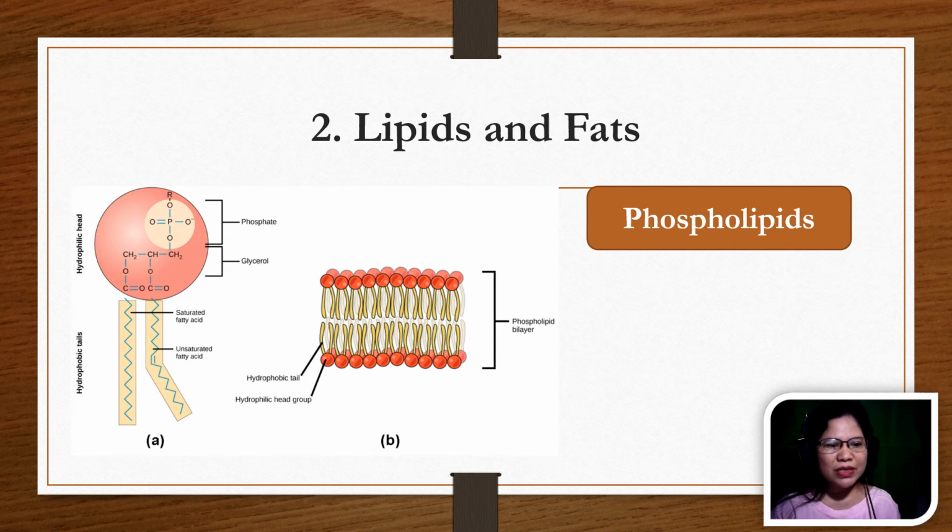The tail consists of saturated fatty acids and unsaturated fatty acids. Now, this is how they are arranged on the surface of our cell membrane.